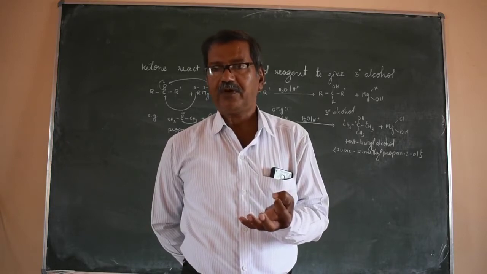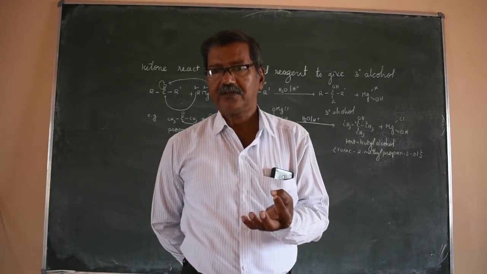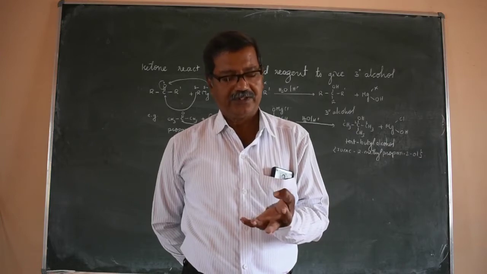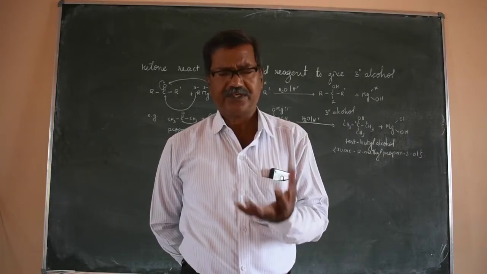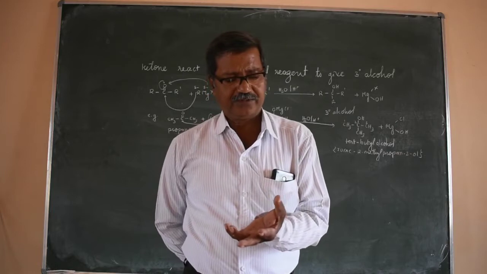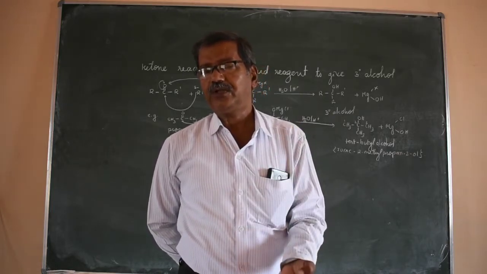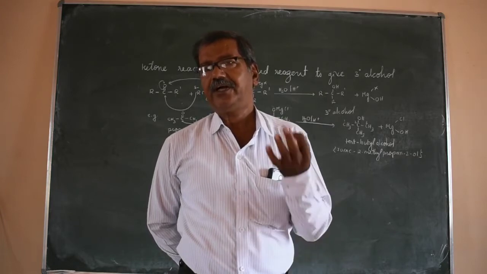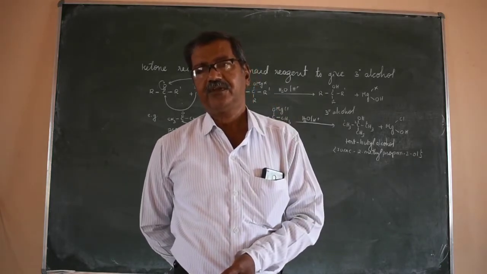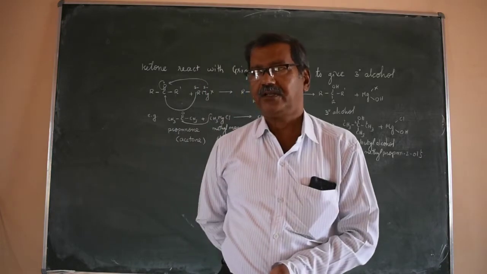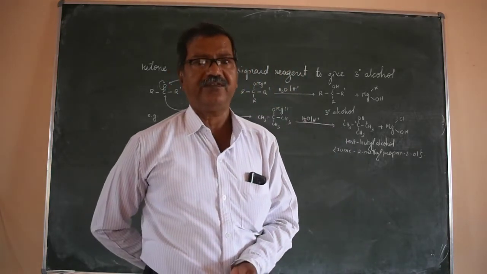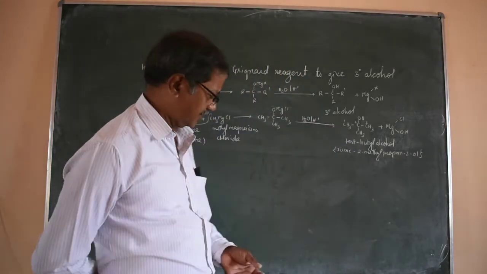From ketone, you are getting secondary alcohol. And from formaldehyde, you are getting primary alcohol. And from carboxylic acid, you may get primary or secondary alcohol. It depends on the structure of the carboxylic acid.